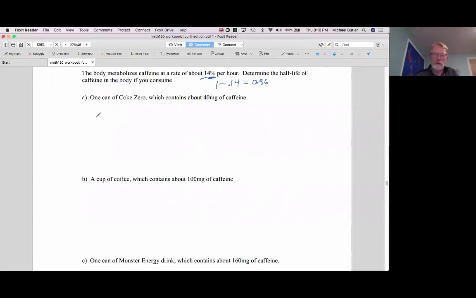All right, so determine the half-life of the caffeine in the body, okay? So a can of Coke Zero contains 40 milligrams of caffeine. So 40 milligrams is your initial amount. So that's 40 times 0.86 raised to the t, right?